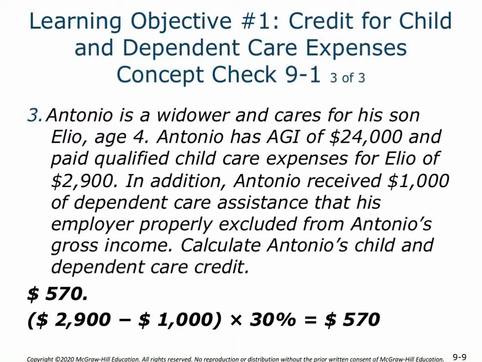So here we cannot use the full 2,900 that was paid. 1,000 was paid from that amount that was set aside, so we're going to have to take that away and only use the 1,900 for qualified expenses that Antonio would have paid after employer assistance was factored in. We're going to look at that chart and see that 24,000 in AGI is going to correspond to 30% for the percentage. So we'd multiply 1,900 times 30% to get $570 as our child and dependent care credit.